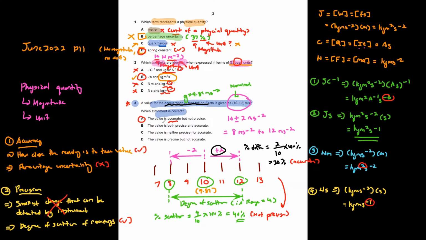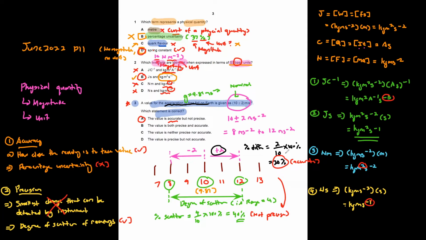All right. Because let's just say right now you look at the percentage difference, which is 20%. For some people, it's actually not accurate at all. For them, 10% will be considered the limit. If it's below 10%, then it's accurate. But if it's more than 10%, it's not accurate. And for some people, 20% is their limit. Below 20% is accurate. More than 20% is not accurate.